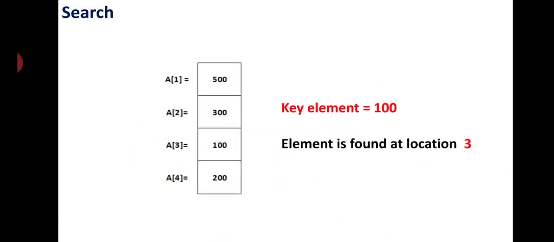Okay. So here there is an array 500, 300, 100 and 200. Now I want to search an element, that is 100. I am searching here by the element. Then it shows the location of the element 100. A of 3. So the location is given. So this is about the search operation.